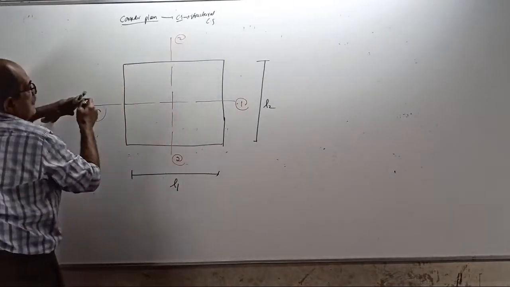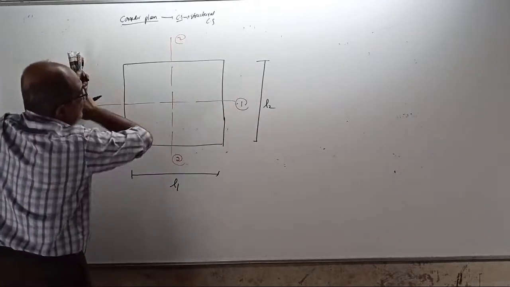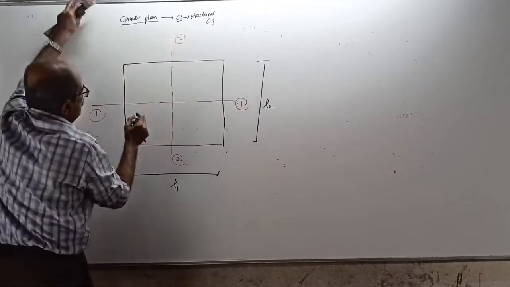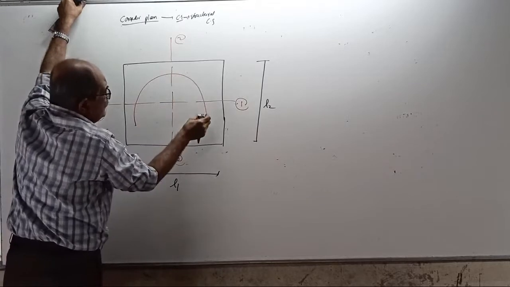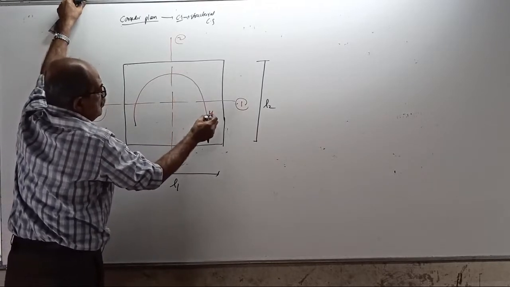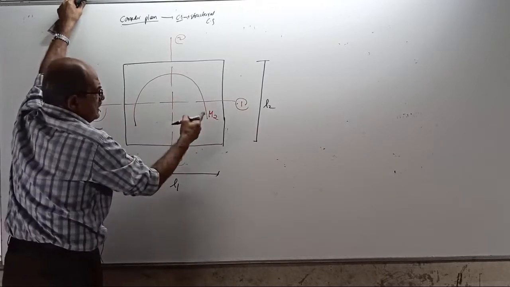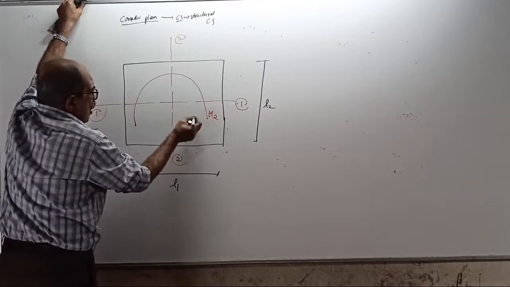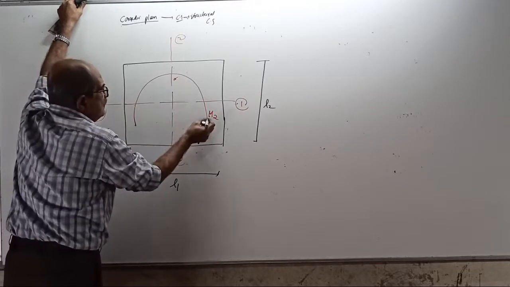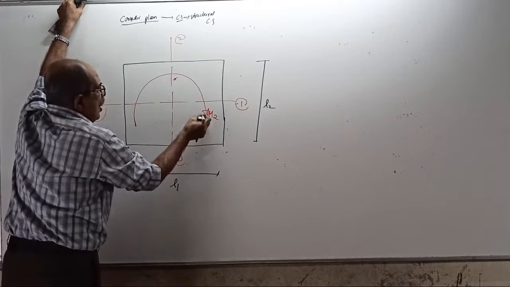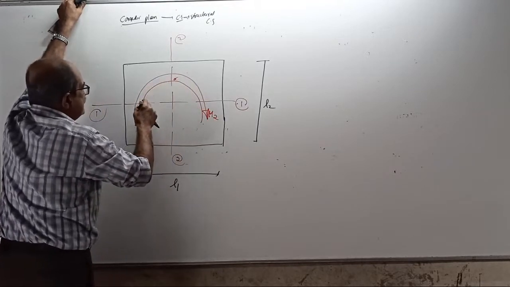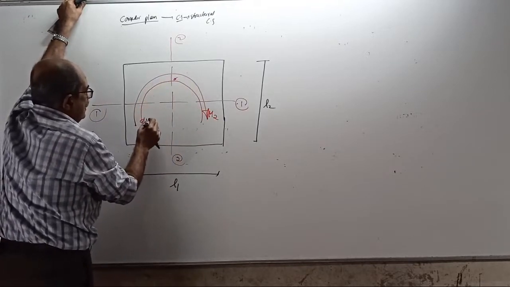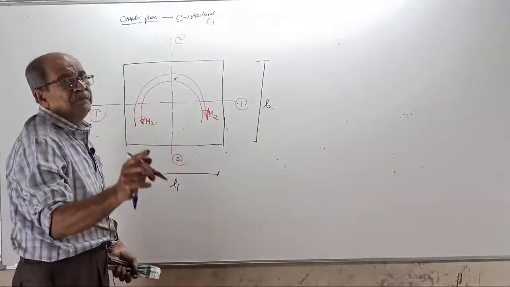Now, this moment is about 2-2. This is your M2. It can be like this, or like this, or like this. We don't know. Anything is possible. Only one of them.